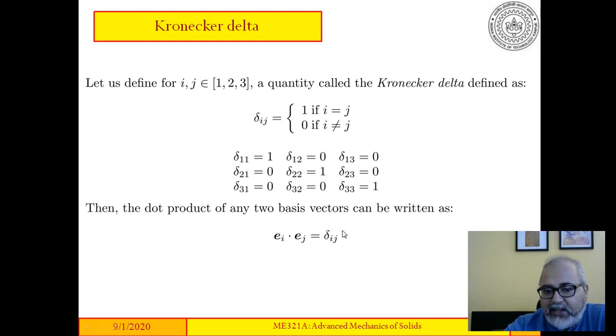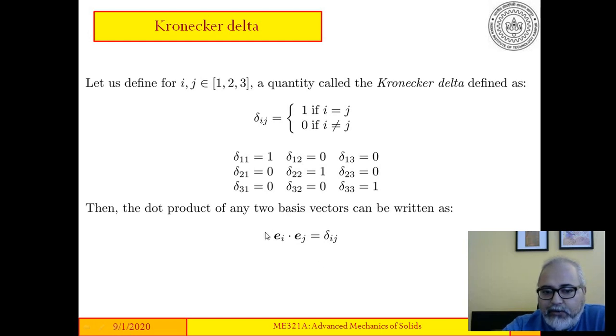That is equal to delta, say 1 1, 2 2, 3 3. Obviously it's valid for i equal to j. If i is not equal to j, say I take the dot product of e1 with e2, then I get 0, because e1 and e2 are perpendicular to each other, and delta 1 2 is also equal to 0. Okay, so this obviously is correct.